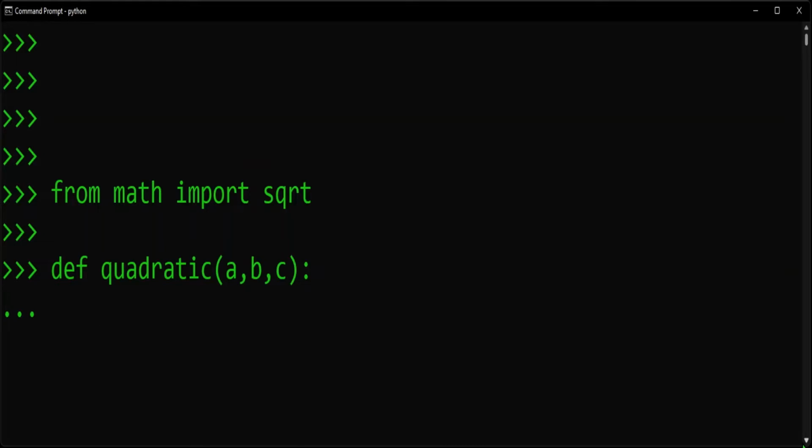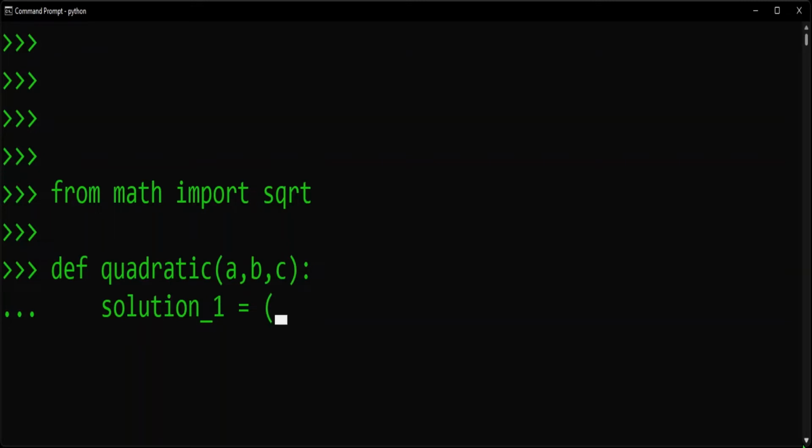We're going to call it a function. This function is going to take in 3 inputs, but when we're getting our solutions, we're going to get 2 solutions. So I'll call one of these variables solution 1 and set it equal to part of the formula.